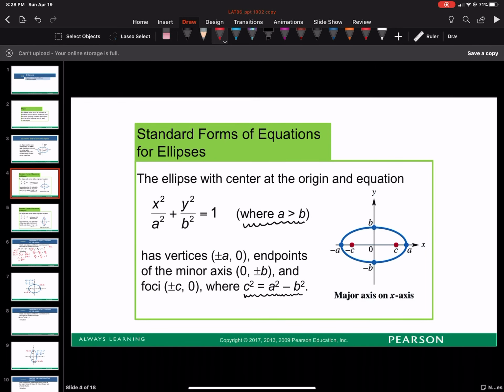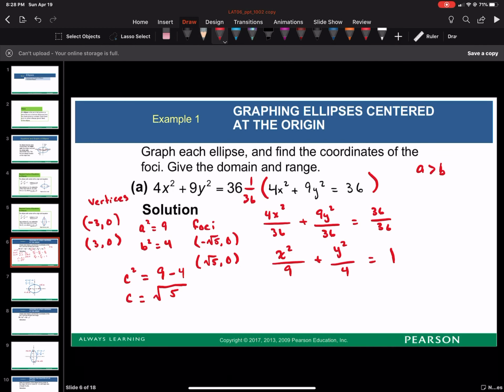Now we can do the minor axis, all right? So we'll do the minor axis. All right, should get what? 0, 2, and 0, negative 2.